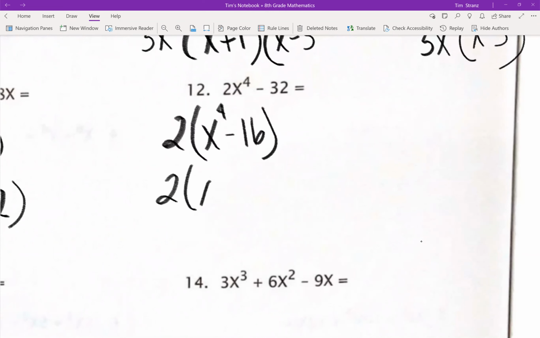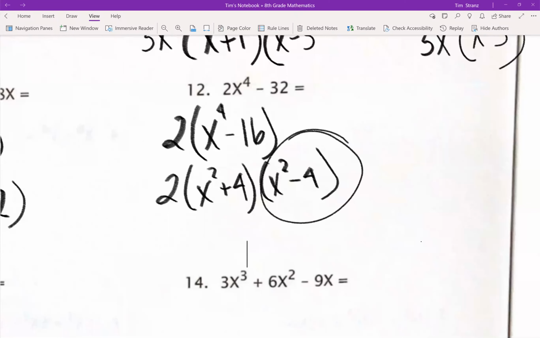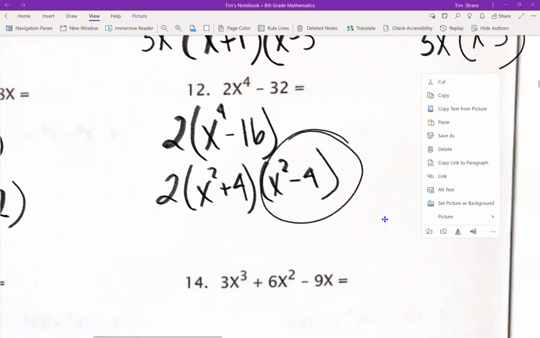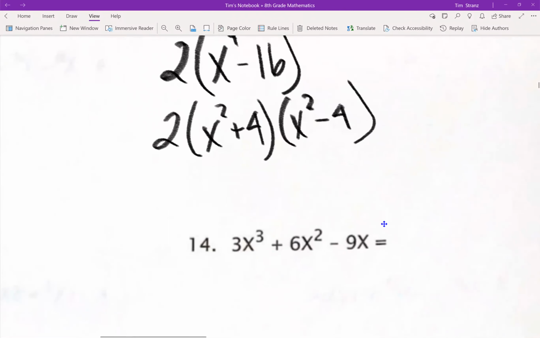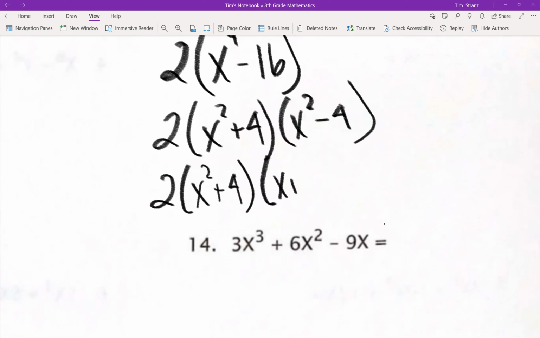So that becomes x squared plus 4, x squared minus 4. We should be familiar with what this is now. This is the difference of squares, so I can break that down again. The x squared plus 4, I cannot break down anymore, so that stays the same. But this becomes x plus 2, x minus 2.